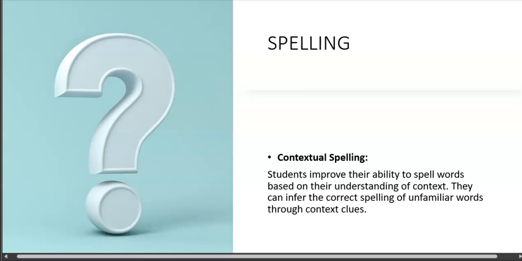So you can infer the correct spelling of unfamiliar words through context clues. For example, you don't know a certain word, but you really understand what I'm talking about. So you can use my context clues and spell out the word correctly. That's another trick here that you must pay attention to.